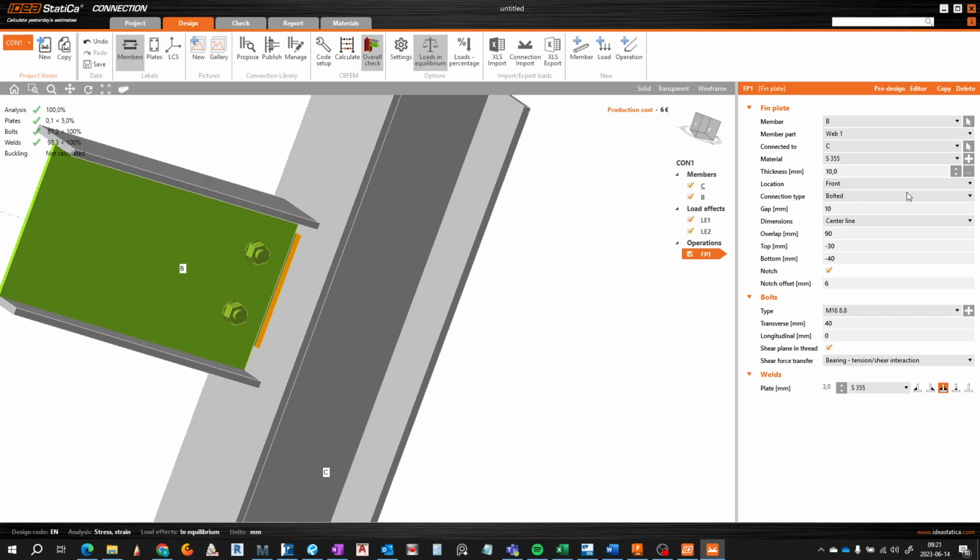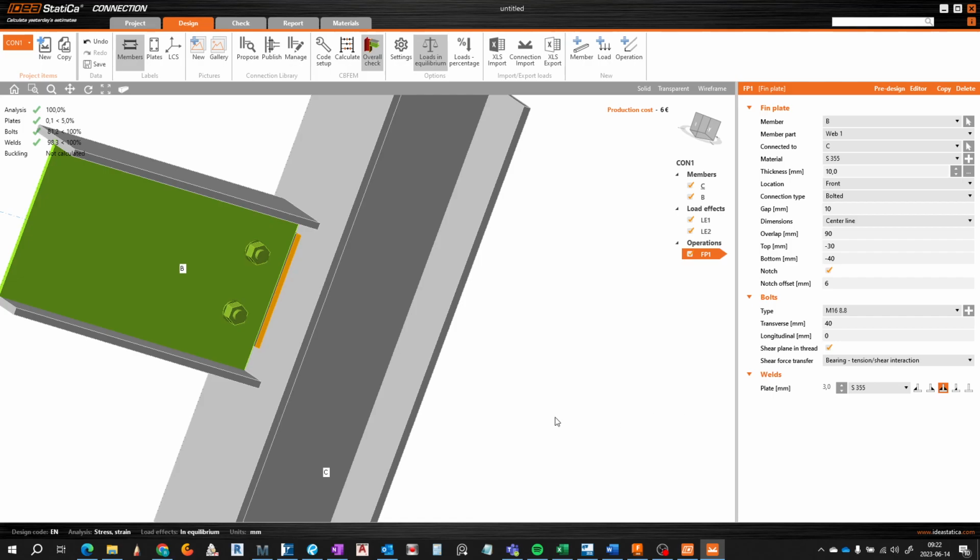The plate has a thickness of 10 millimeters. This is the distance between these plates and the column, and we have a bolt diameter of 16. We have welds of 3 millimeters, and the strength of the steel is 355.